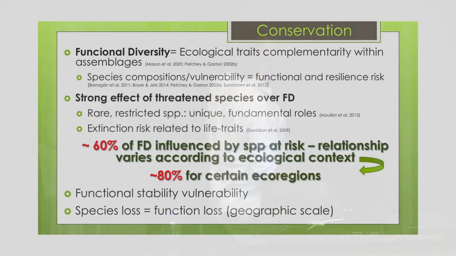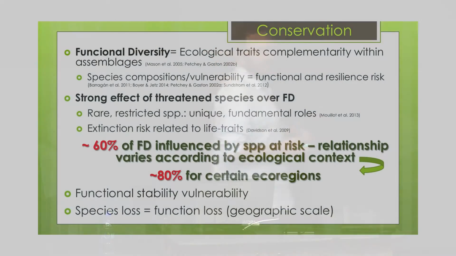And in terms of conservation, functional diversity is about ecological traits being complementary within assemblages. The thing here is that species composition, together with vulnerability, means also the risk of functional loss and resilience of ecosystems. So this is the link between species and ecosystem processes.